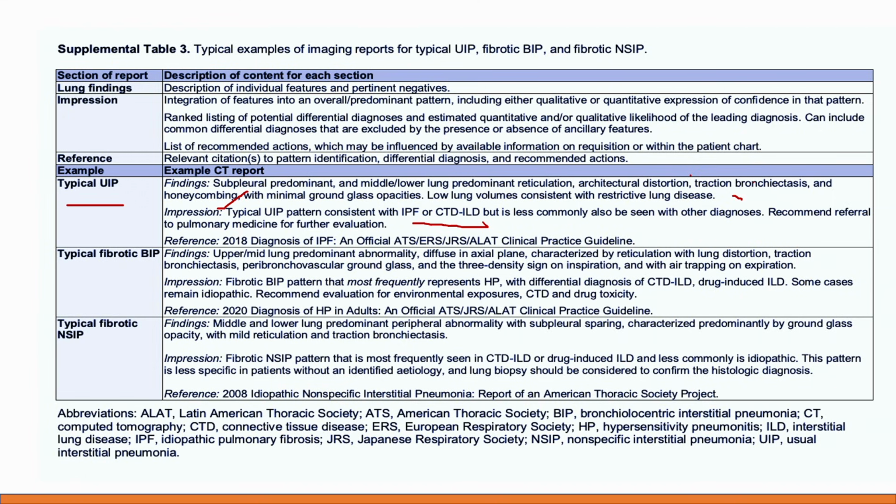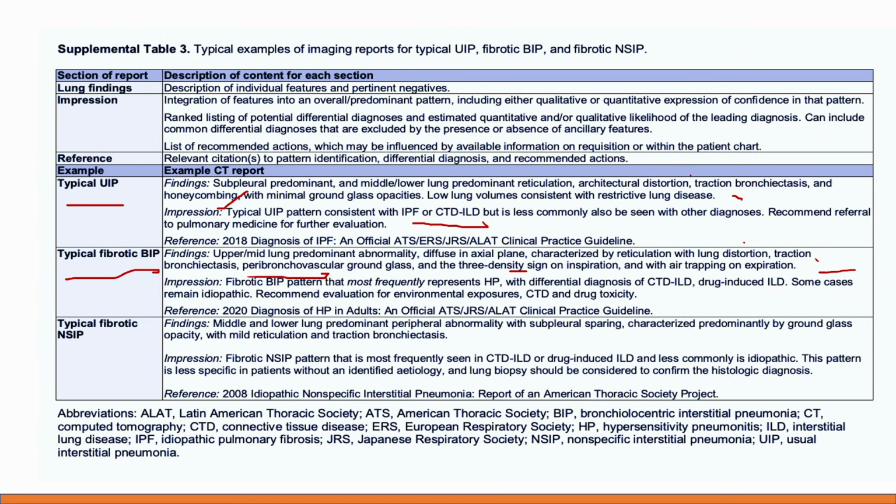If we are talking about a typical fibrotic BIP, here the findings that should be mentioned should be upper or middle lung predominant. So, upper or middle lung as compared to subpleural and lower lung predominant. So, one major difference: upper or middle lung predominant abnormality, diffuse in the axial plane, characterized by reticulation and lung distortion, with again the traction bronchiectasis, but peribronchovascular ground glass and the three density sign on inspiration and air trapping on expiration.